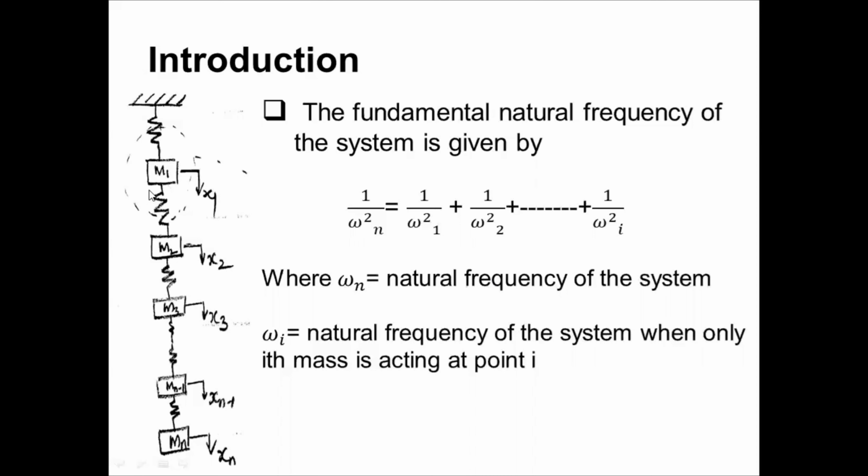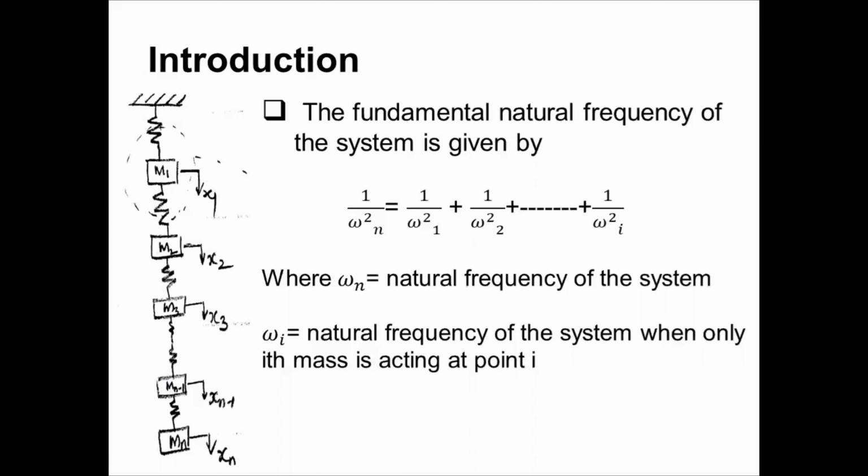If this is an n degree freedom vibration system, you know that there will be n natural frequencies. So through this relation, you can find out one natural frequency out of n natural frequencies, which is the lowest one.